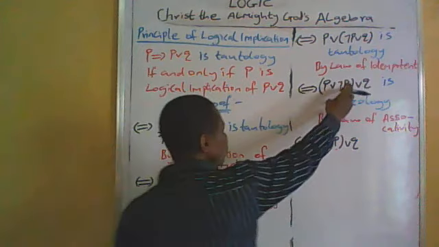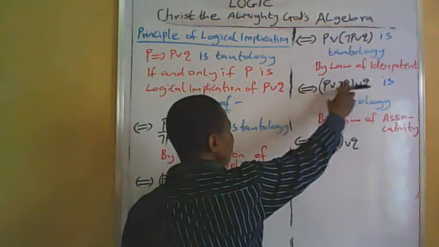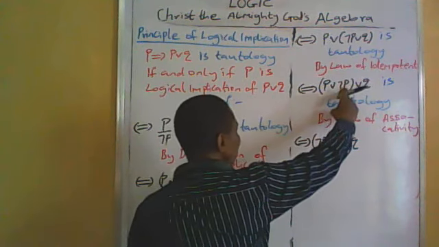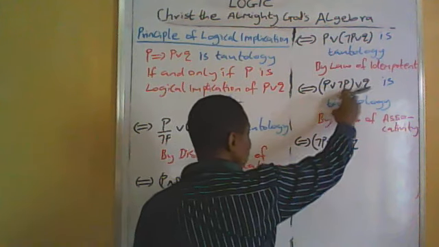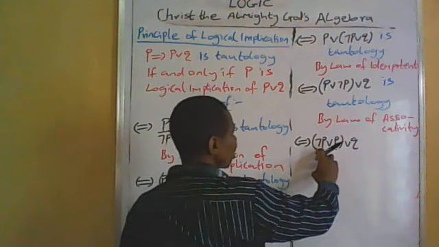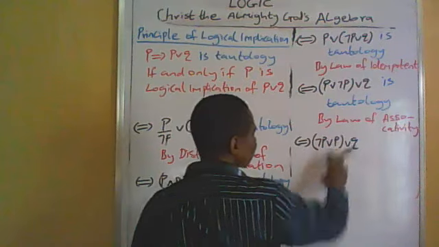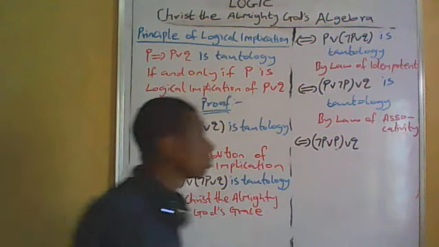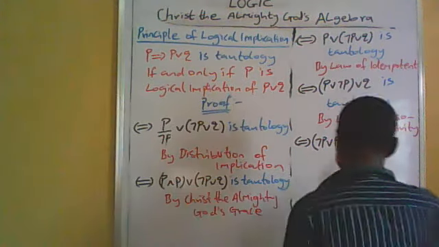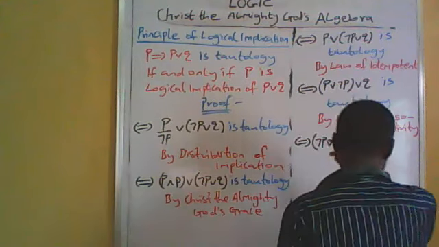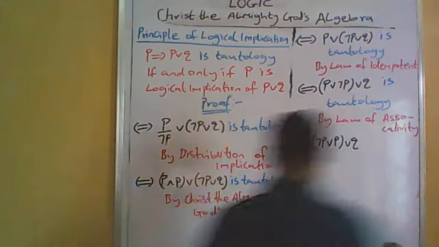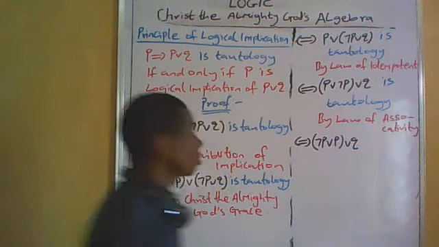That means this second disjunct becomes the first disjunct here, and this first disjunct becomes the second disjunct here. That means commutativity, and it still preserves logical equivalence. So since it still preserves logical equivalence, is tautology.